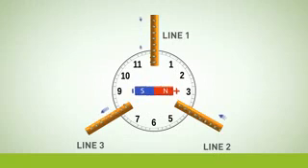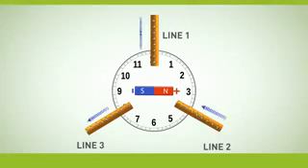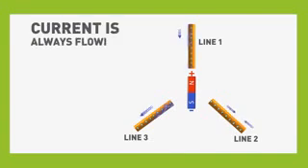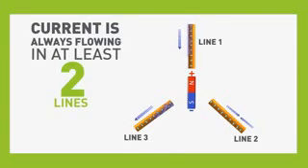At 3 o'clock, the magnet is perpendicular to line 1, so electrons stop moving, but line 2 is affected by the north pole and line 3 is affected by the south pole, so current is flowing in lines 2 and 3. Hopefully this example shows you how at any time current is always flowing in at least two lines.